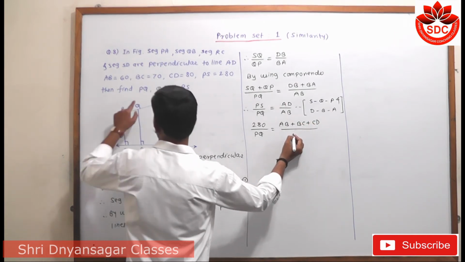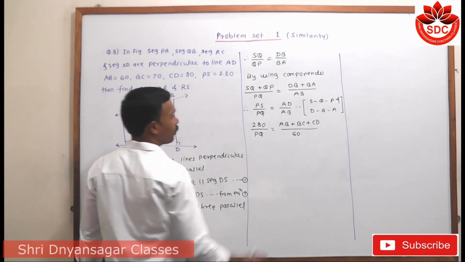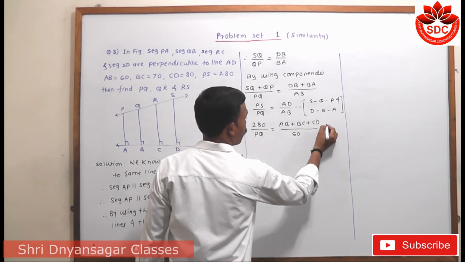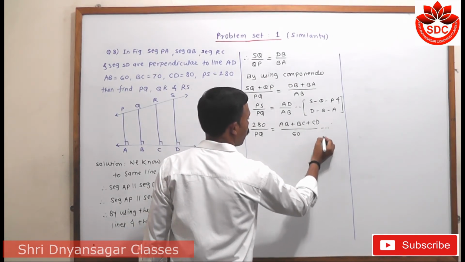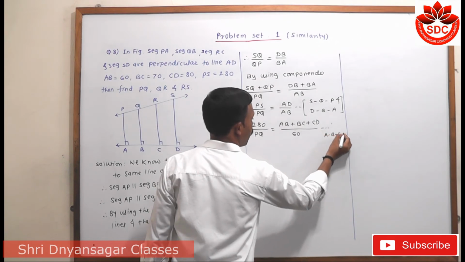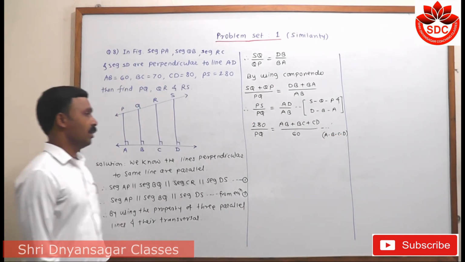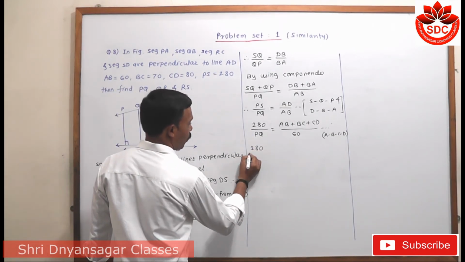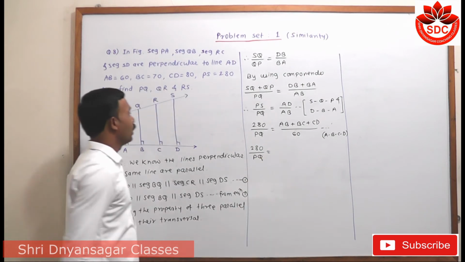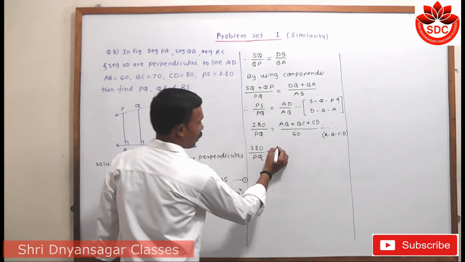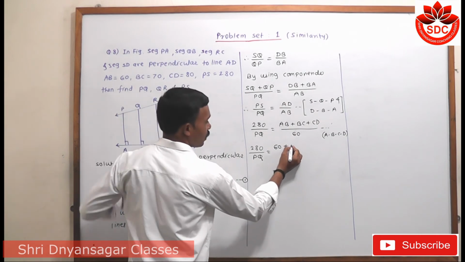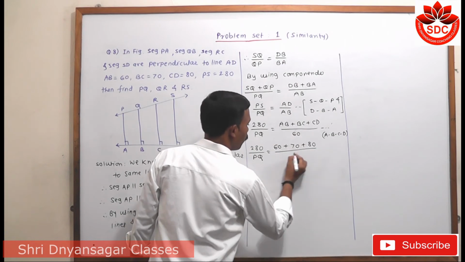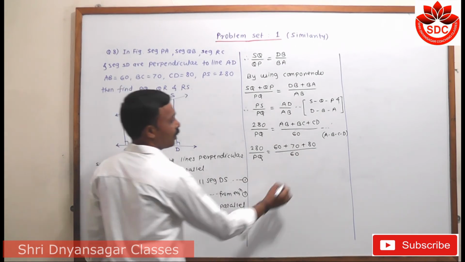AB is given here as 60. Then substitute the values: 280 upon PQ is equal to AB, which is 60, plus BC which is 70 and CD which is 80, upon 60, which is given.